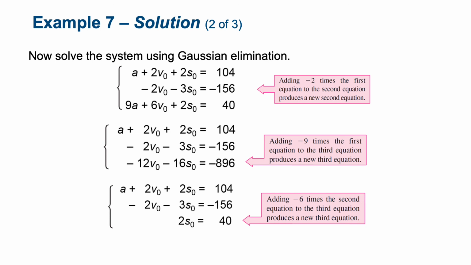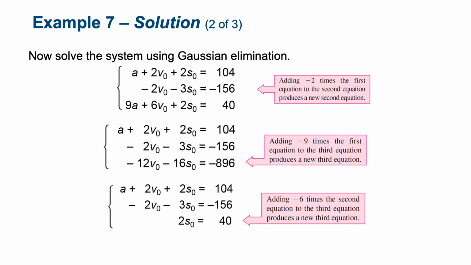Notice that the third one has this 9a. So the goal is to eliminate the a term. So we do that, and we get here this third equation, negative 12v naught minus 16s naught equals negative 896. And then, you could probably simplify this, but that's okay.